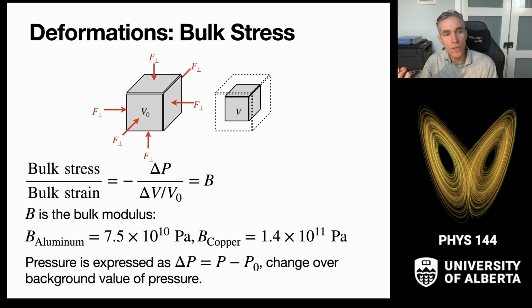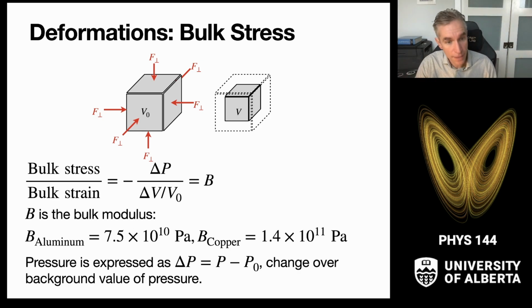The pressure is usually expressed as the change relative to the background. We're doing most of our operations in a 100,000 pascal environment. That's the atmosphere here. So we'll talk about changes with respect to whatever the background pressure is. All of these changes in volumes are referred to with respect to their original volume, and changes in pressure are referred to with respect to their original pressure.